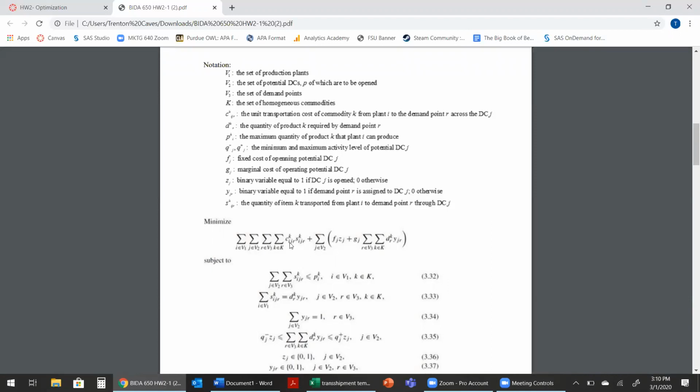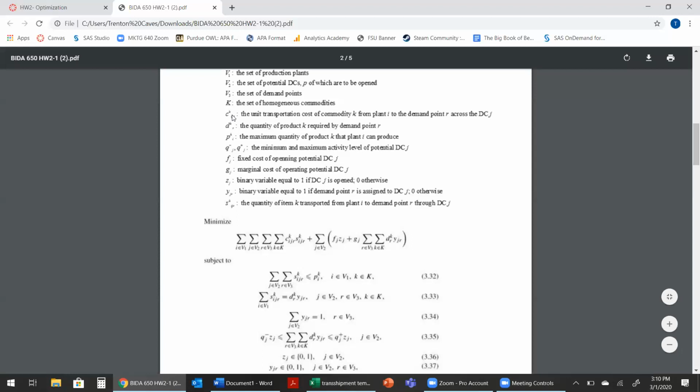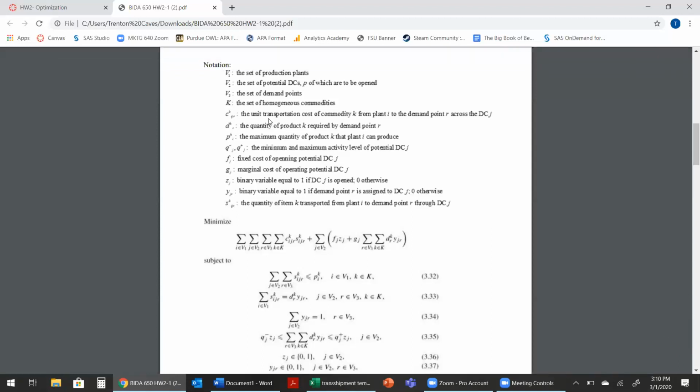The C sub IJR to the K, we go back up to the notation and read directly out of it: the unit transportation cost of commodity K from plant I to the demand point R across the DC J. DC is distribution center, which in our transshipment question, the second question that we just did, corresponds to our warehouse.